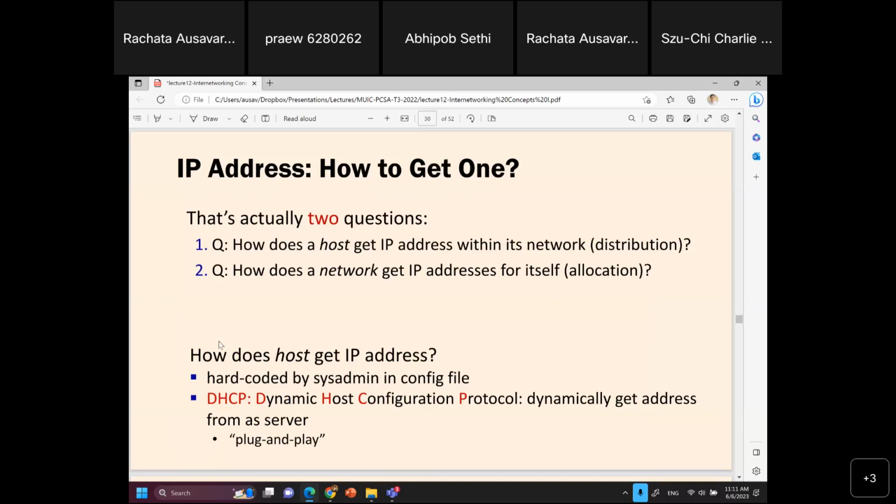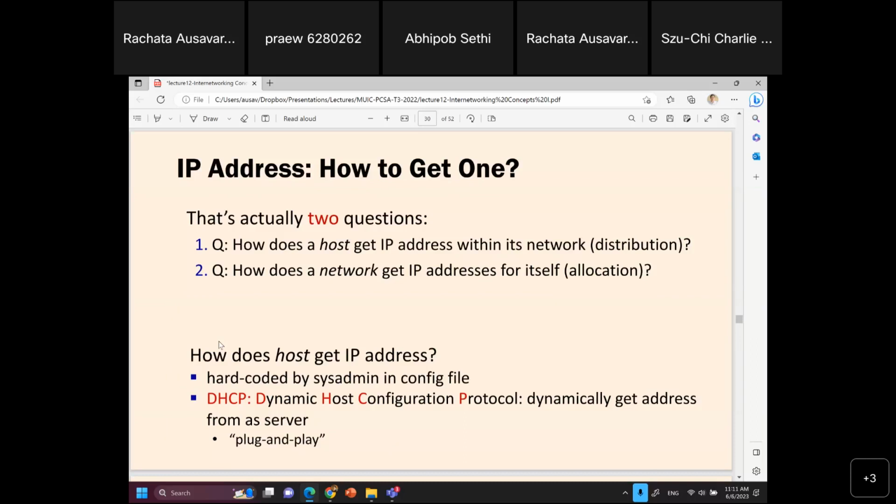So now the question is how do I get one, right? There are actually two questions. How does the host get the IP within the network? And how does the network that I'm in right now, like the Mahidol University network, get the IP for itself? So the host can get the IP by two methods.